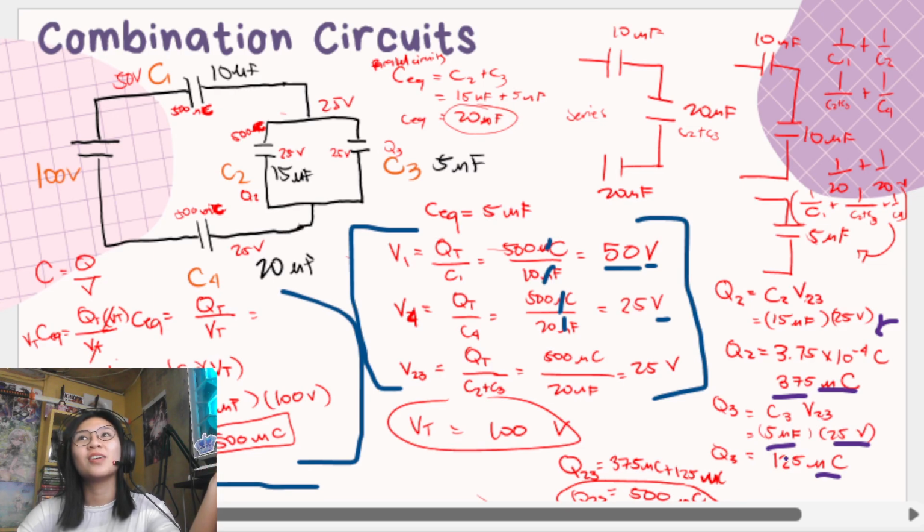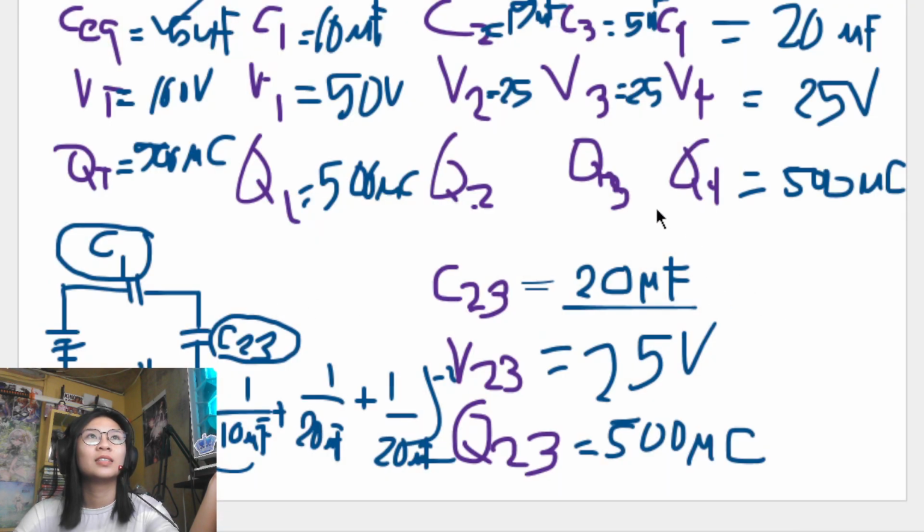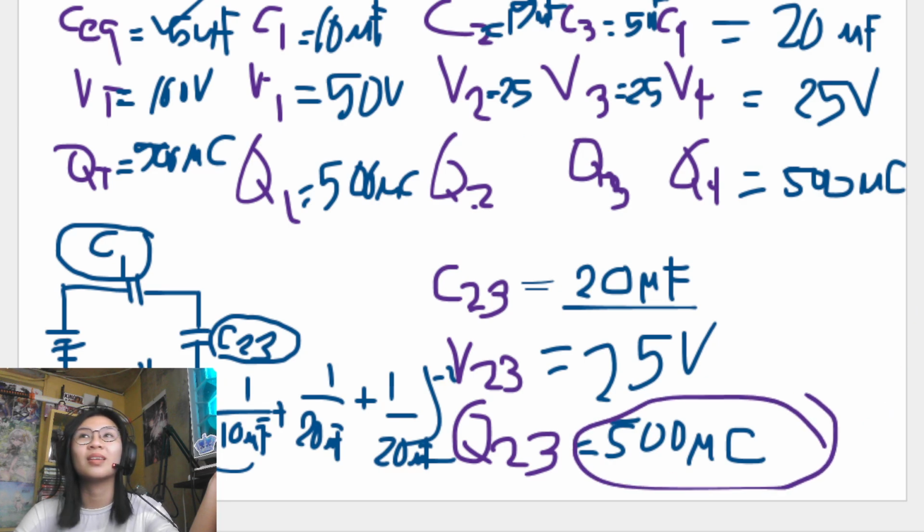Okay, so if we add 375 microcoulomb and 125 microcoulomb, it should return to your Q23, which is 500. So 375 plus 125 is 500. Therefore, you got it, you're done.